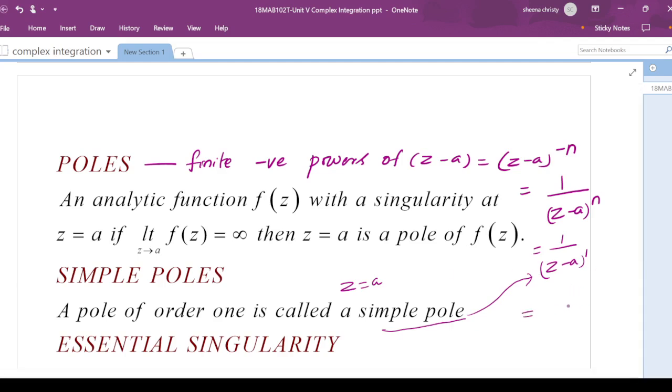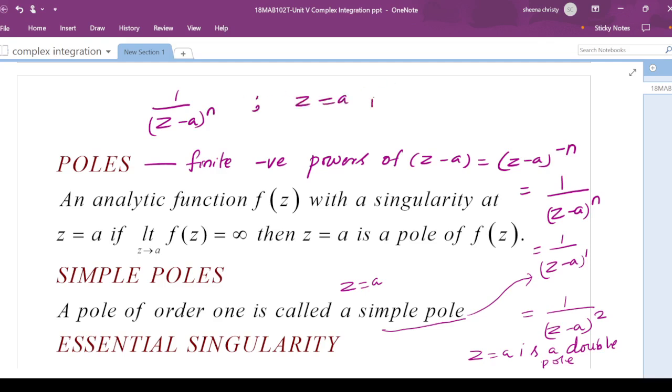Suppose I have 1 by z minus a to the power 2, you can call z equal to a a double pole, or a pole of order 2. In general, if I have 1 by z minus a to the power n, then z equal to a is a pole of order n.